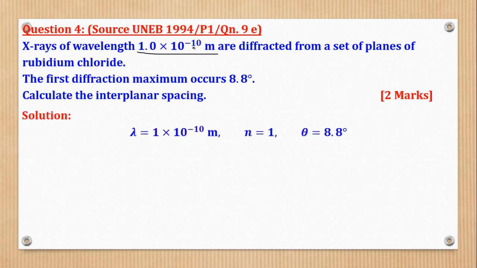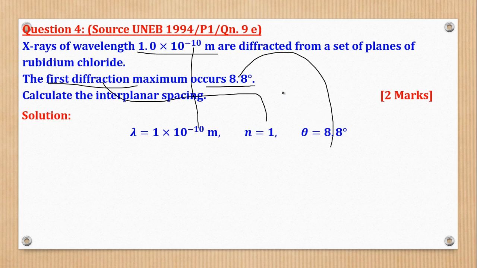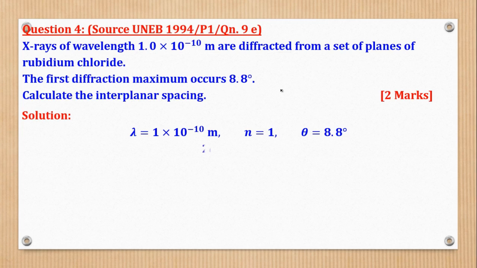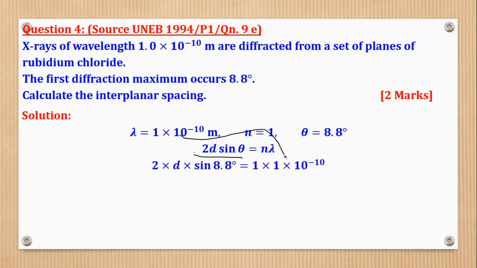One is the wavelength, then there is this word first diffraction, which means n is equal to 1, and there is this angle, which means theta is equal to 8.8. And they want the value of d, so we shall quote the formula from Bragg's law, then substitute for wavelength, n, and theta. So d is the only unknown. When I make it the subject, I'll come up with that.